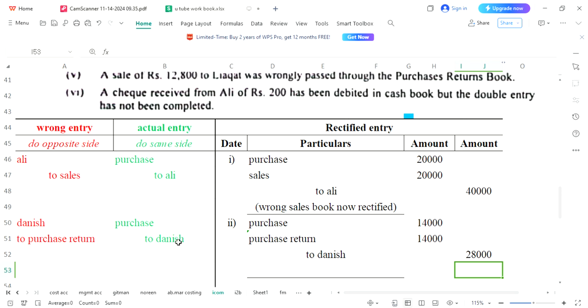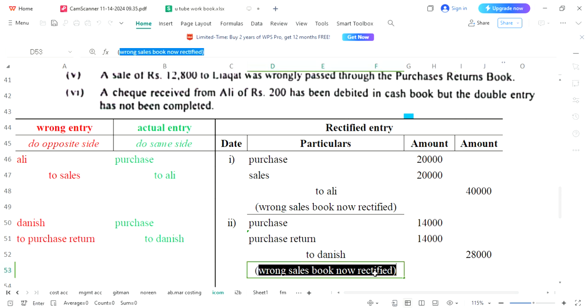Please understand, there was a mistake. Danish was required to be written on credit side, but we have written on debit side. This is a double error. That is why two times the amount has been written at this place. So here wrong purchase return now rectified.